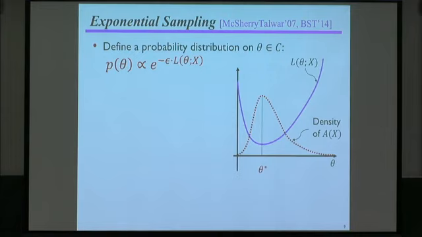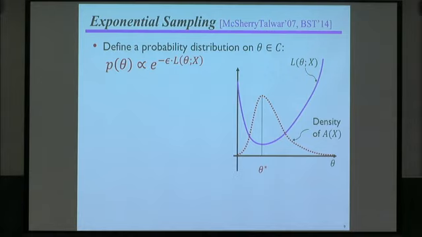And I'm going to assign exponentially more weight to points where the loss function is lower. So I'm going to find a probability distribution such that the density at a given vector theta is proportional to e to the minus epsilon times the loss at theta.